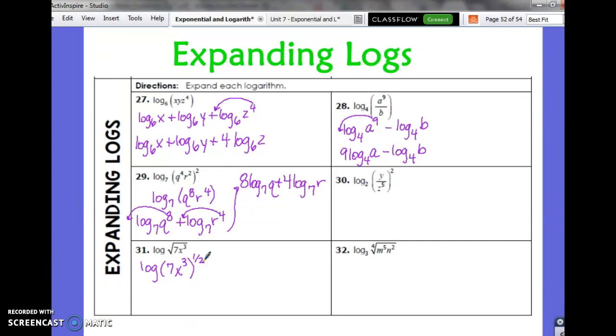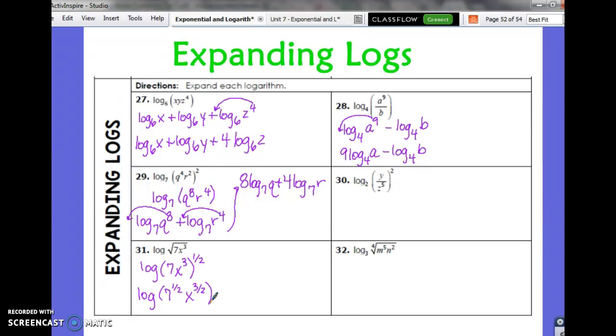Again, both of those terms get the 1/2 power since both of those were under the radical. And then I would do something similar as I did on number 29, and I would go ahead and give that power away to both pieces so that that doesn't become confusing later. So 7 to the 1/2, x to the, that will be 3/2 when you multiply your powers.